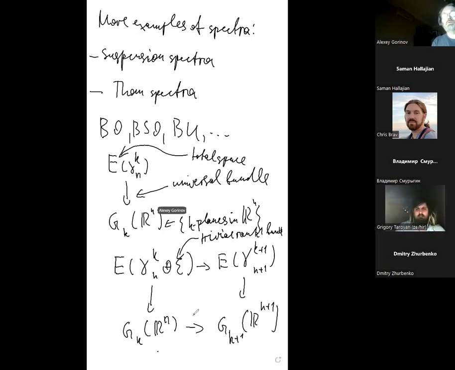The embedding is as follows. We take a k-plane in R^n, and then we add the (n+1)-st basis vector, and we get a (k+1)-plane, but this time in R^(n+1). And this is why the restriction splits as a direct sum of the tautological k bundle plus a trivial summand.